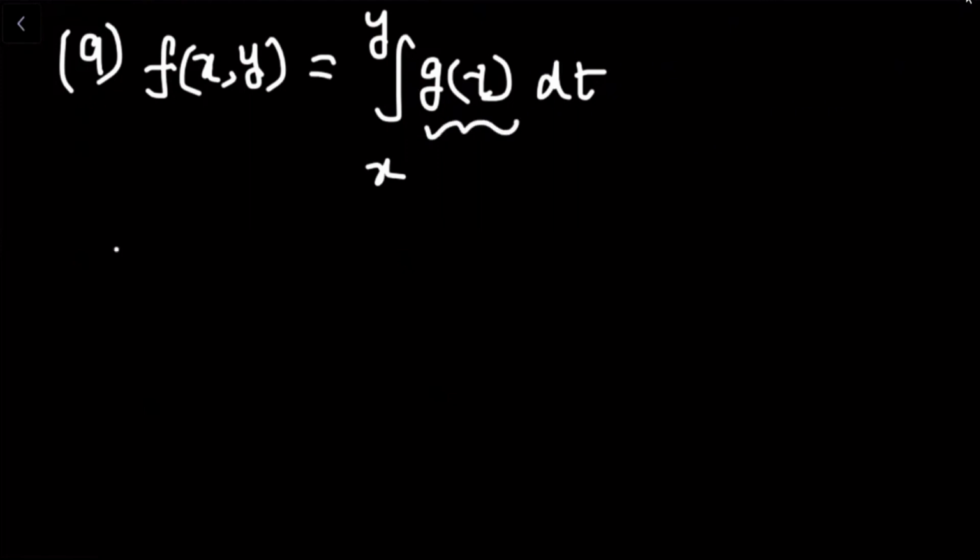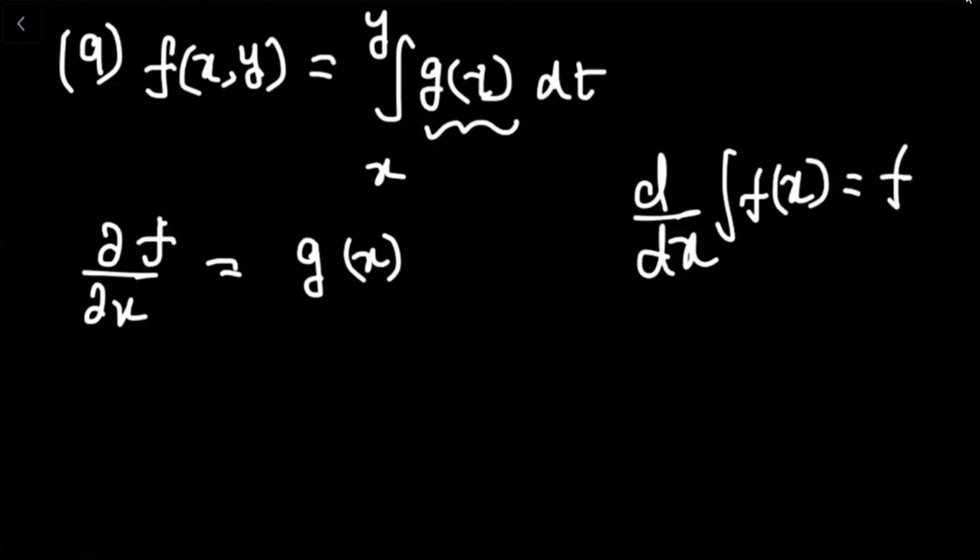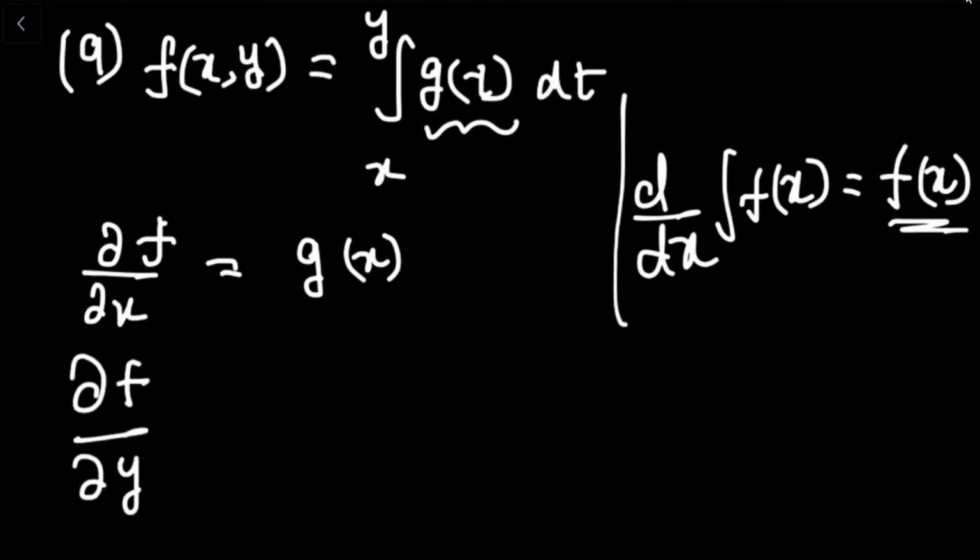So by differentiating with respect to x, we'll get g(x) directly. Why? Because the differentiation of an integral is nothing but the function. It cancels out, because it is a reverse process. Similarly, ∂f/∂y equals g(y).